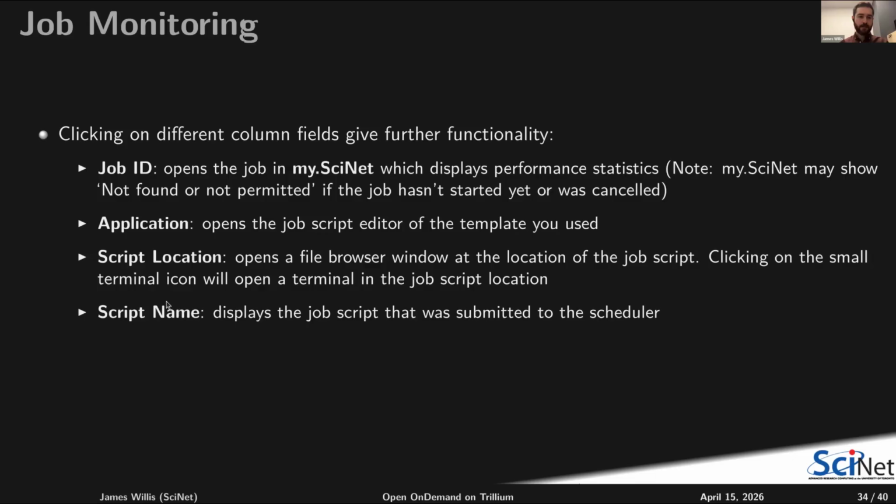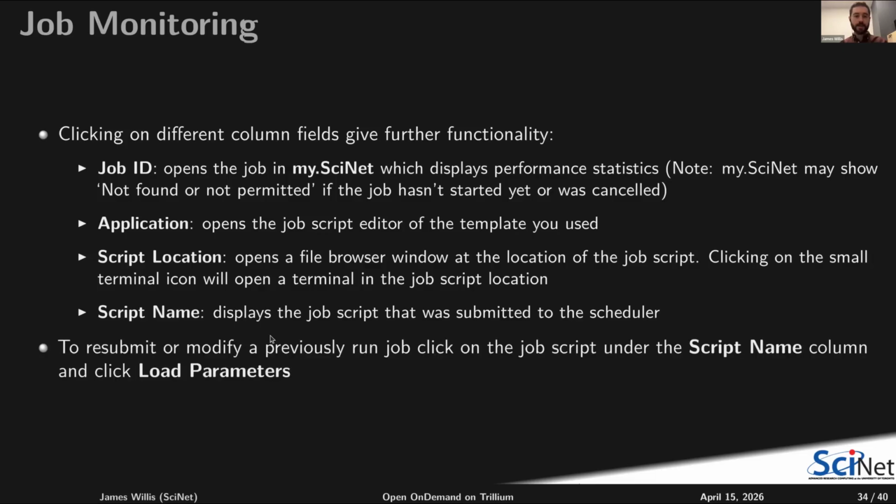It's also handy if you click on the script name, because it'll display the job script which has been submitted to Slurm. If you want to either resubmit that job or slightly modify it, you can click the Load Parameters button, and it'll load that script back into the template again, so you can see all your changes, do some slight modification and resubmit the job.